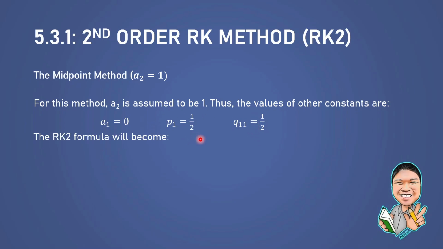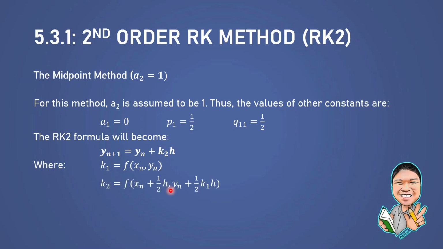When you substitute that into the original RK2 formula, the result is y sub n plus 1 is equal to y sub n plus k2 h. Where k sub 1 is still f of x sub n, y sub n, but k sub 2 is equal to f of x sub n plus 1/2 h, y sub n plus 1/2 k1 h. So this is our midpoint method.